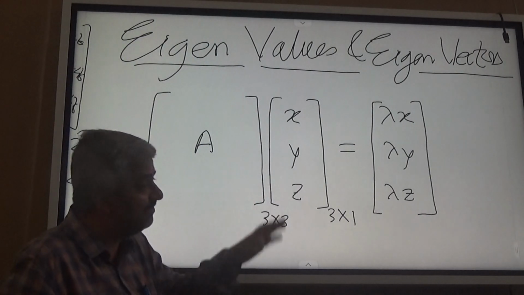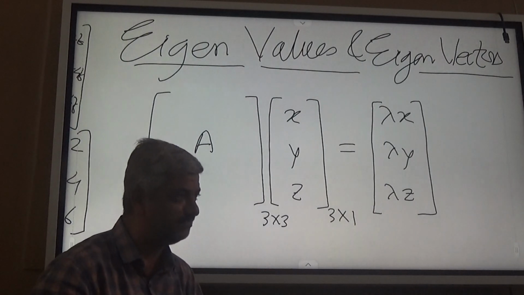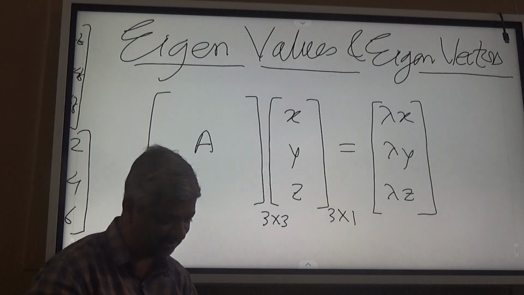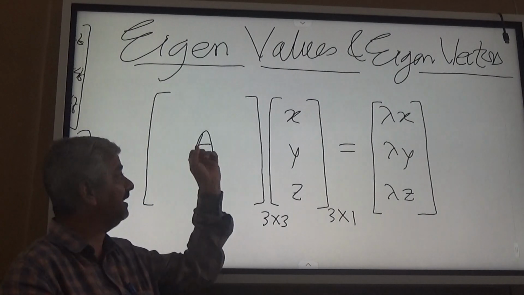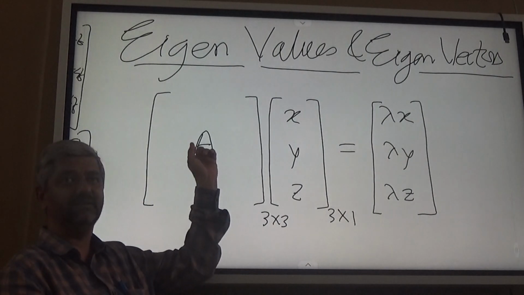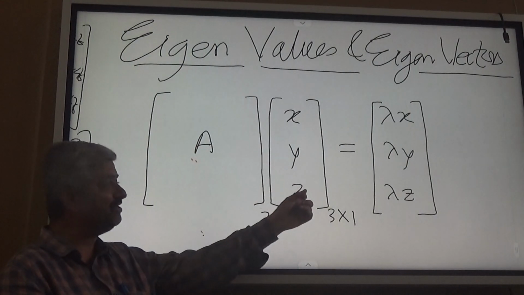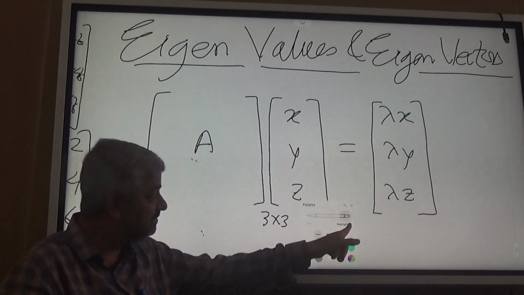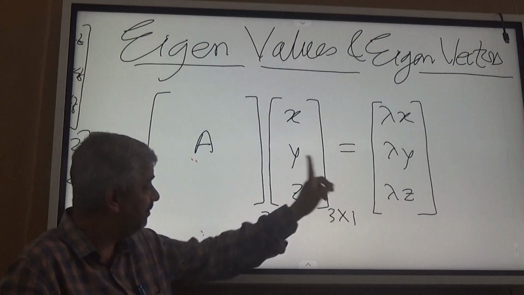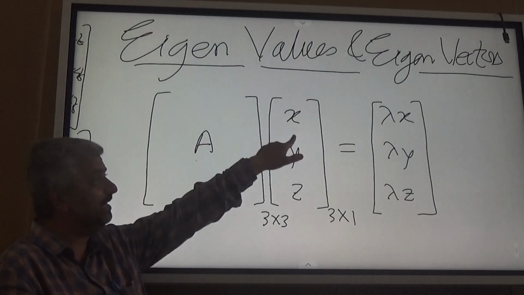But this eigenvalue and eigenvector module is somewhat simpler to understand, and the notations are not that clumsy. There is some clarity and it has application also. So a 3x3 matrix operates on a vector.